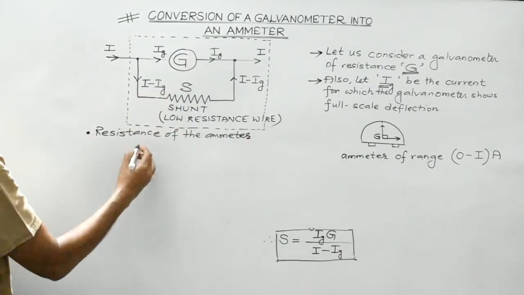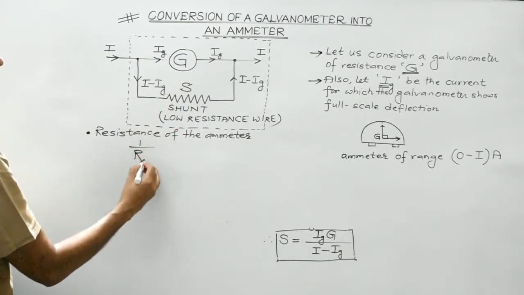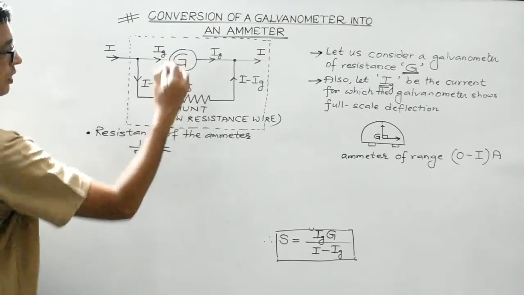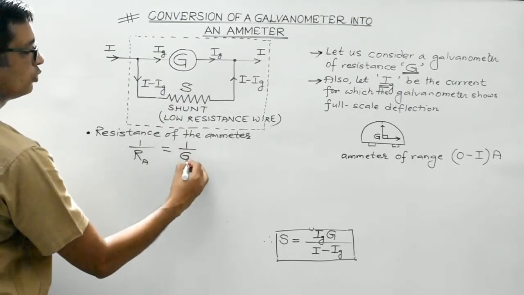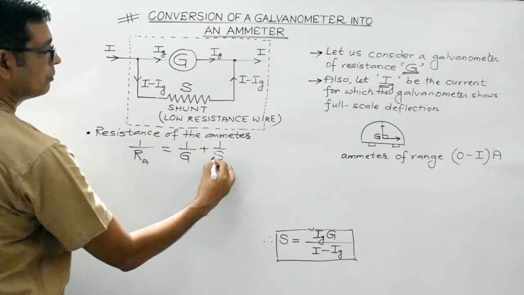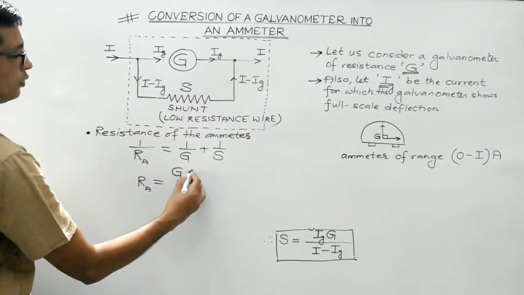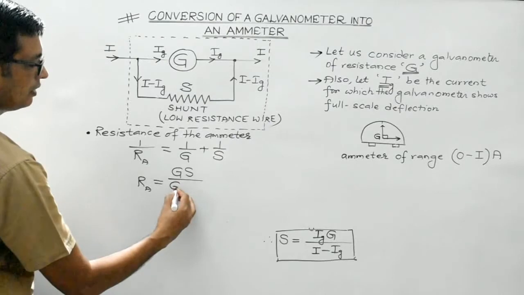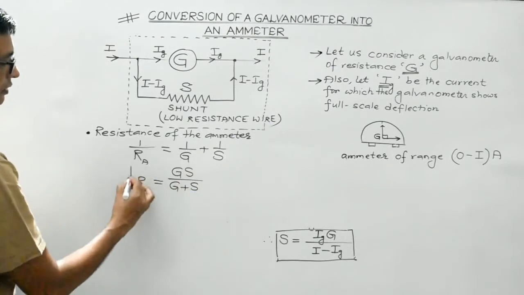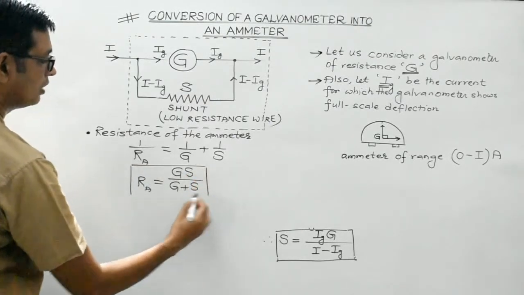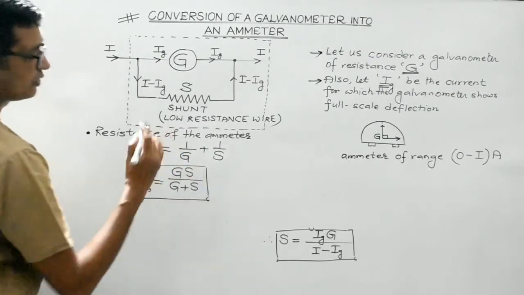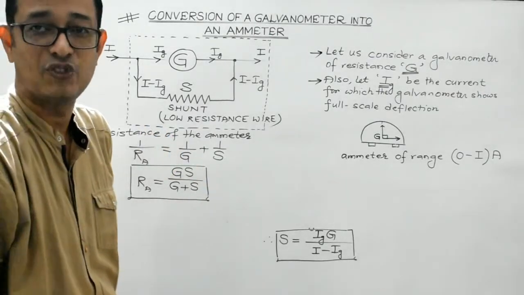Okay, these two are in parallel. Suppose the resistance of the ammeter is Ra. These two are in parallel, so this is the formula to be used: 1 by G plus 1 by S. If you solve it, we'll get Ra equal to GS divided by G plus S. So this is the formula for the resistance of the ammeter so obtained. Clear, students?